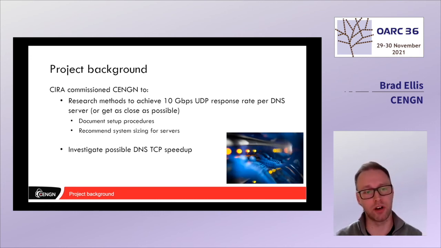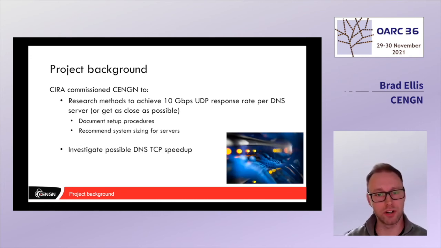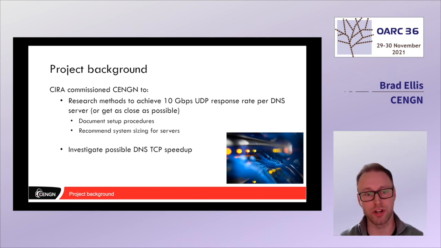So for a little background on this project, CIRA, the Canadian Internet Registration Authority, reached out to us to see if we could help them achieve their goal of 10 gigabits per second, or line rate, of UDP DNS responses, or get as close as possible.